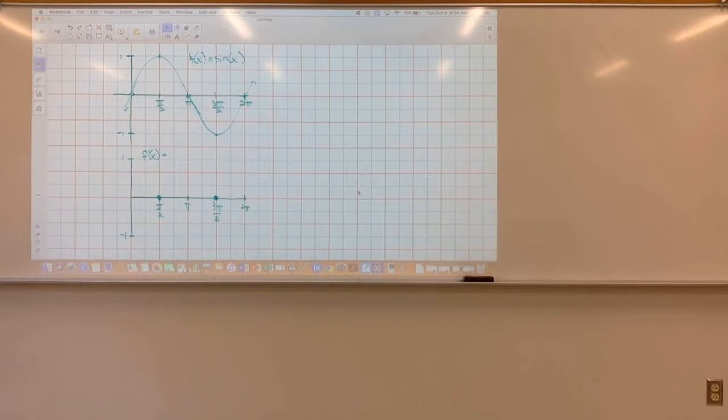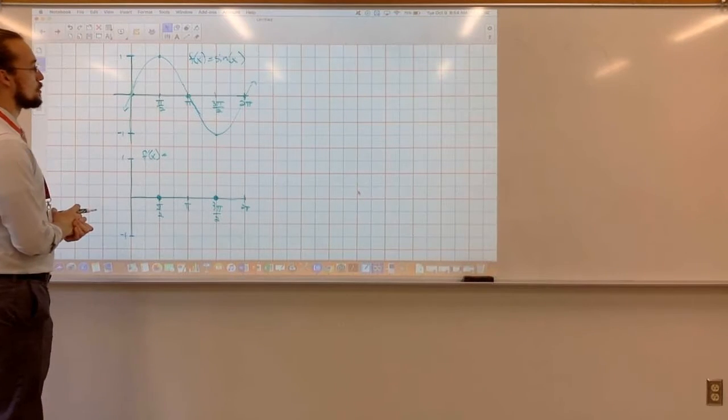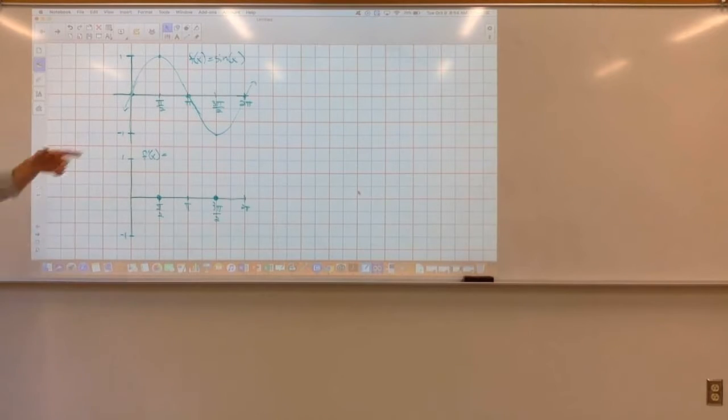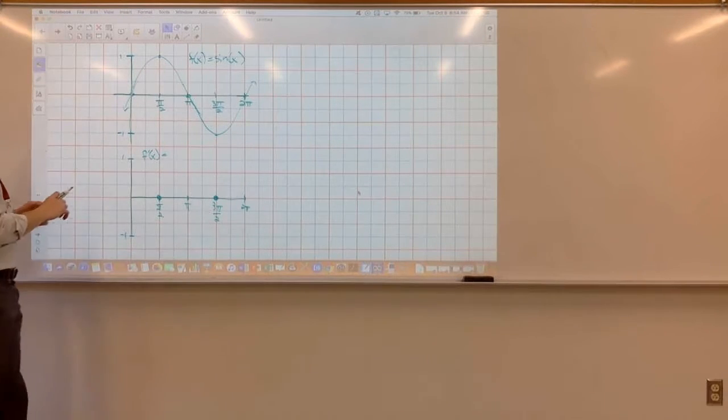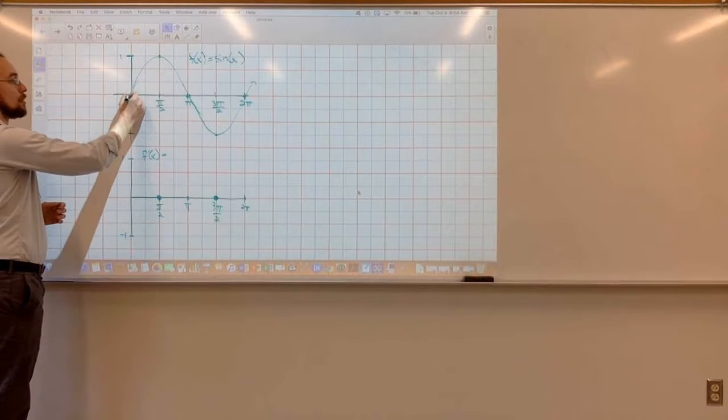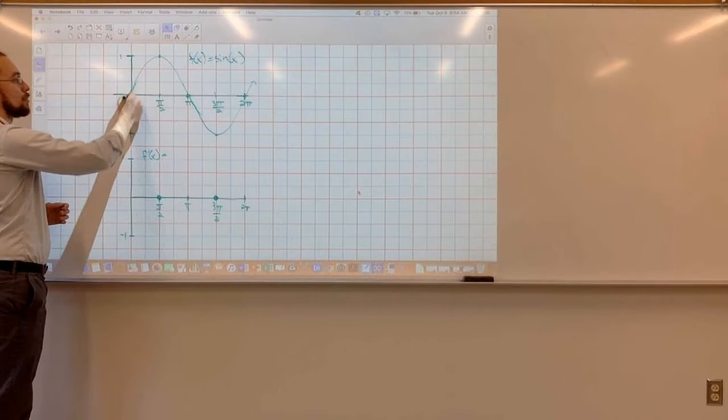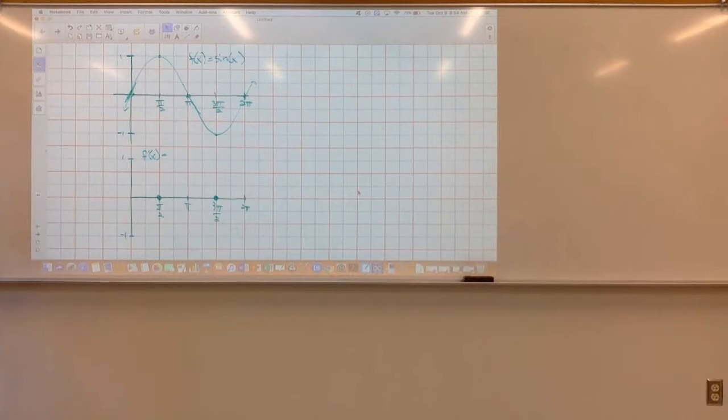Now, we want to look at a couple of other key values. Let's just add 0 here. I guess I didn't draw this to scale very well. But at 0, what could we approximate that slope to be?